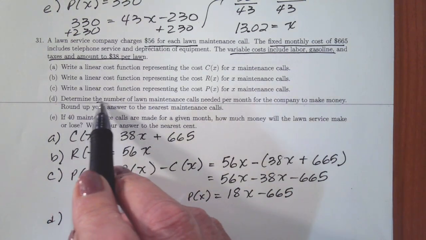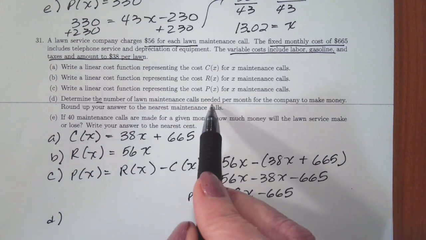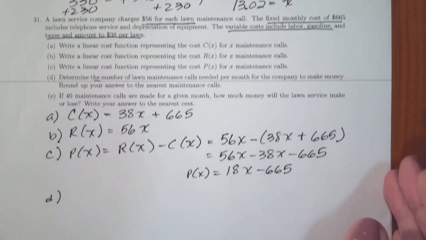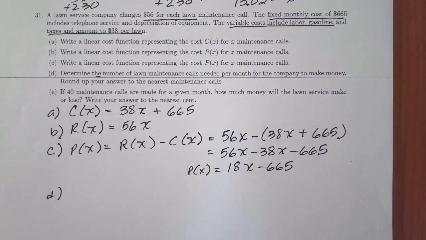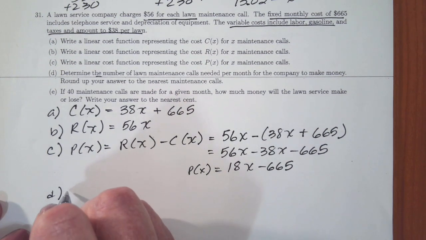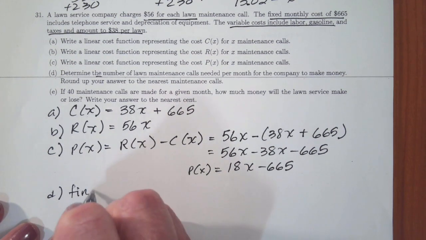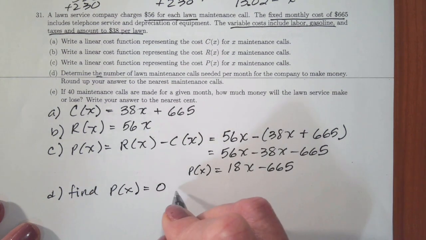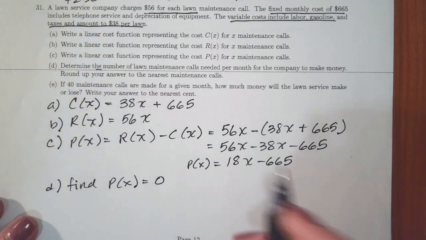All right. Determine the number of lawn maintenance calls needed per month for the company to make money. Okay. Well, if they make money, that means that they go beyond the break-even point. So I want to find where P of x is equal to 0, and then it will be greater than that.